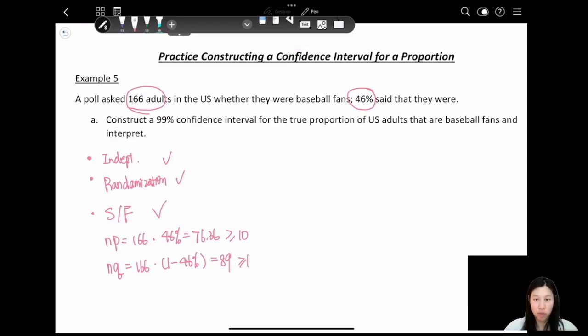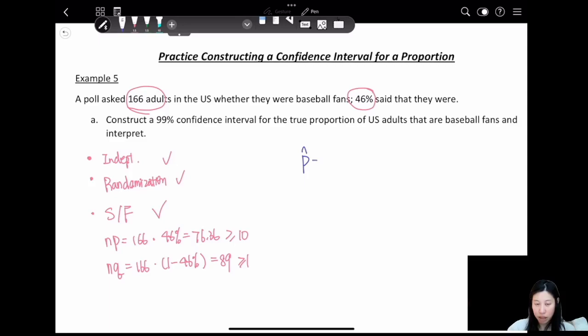Now we can use a sampling proportion, which means we can construct a 99% confidence interval. So how do we do that? The lower bound is going to equal p hat minus the z-score times the standard error. Maybe this is hard to remember, so let's do it in an easier way.